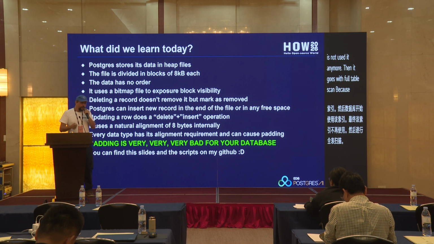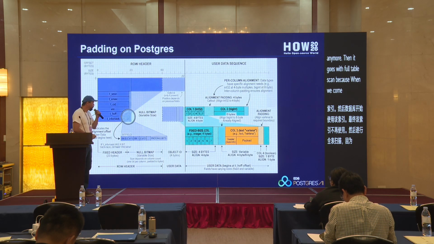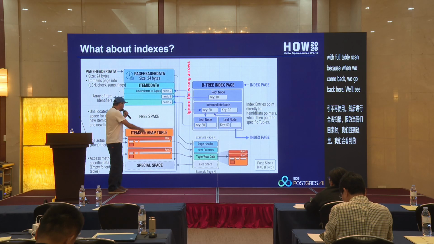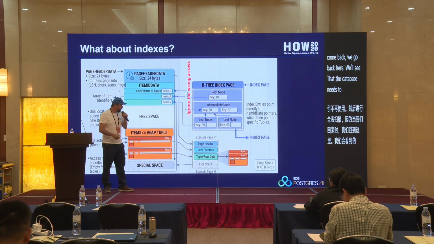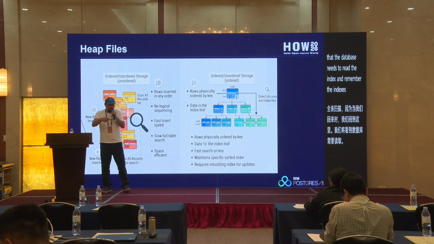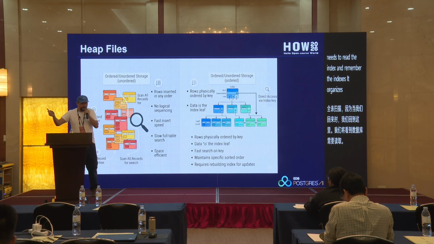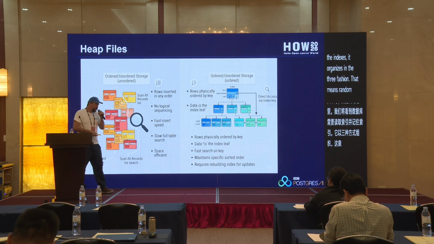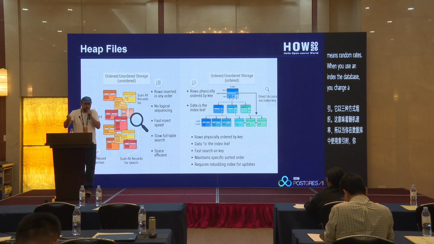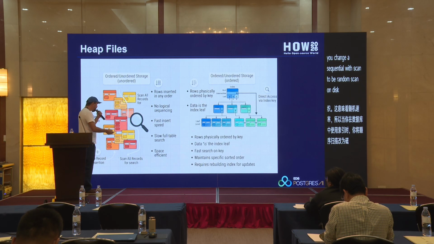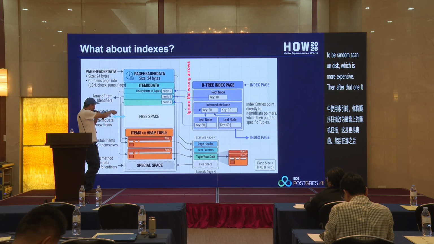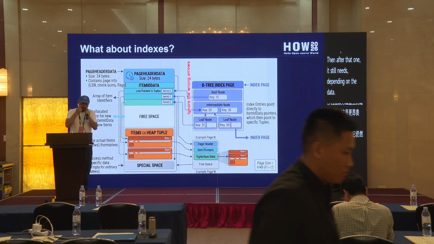Because when we go back, we'll see that the database needs to read the index, and remember the index is organized in a tree fashion, so that means random reads. So when you use an index, the database will change a sequential scan to a random scan on disk, which is more expensive. And after that, depending on the data, it still needs to go to your data type and get the data.